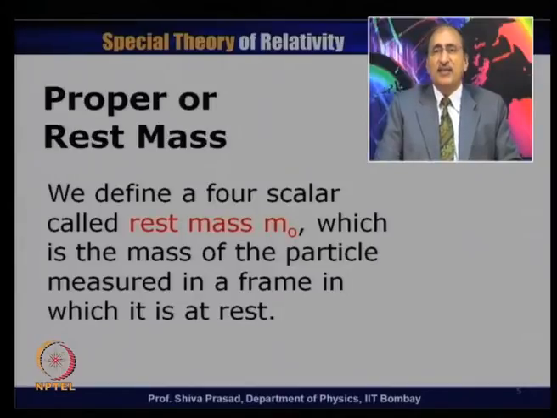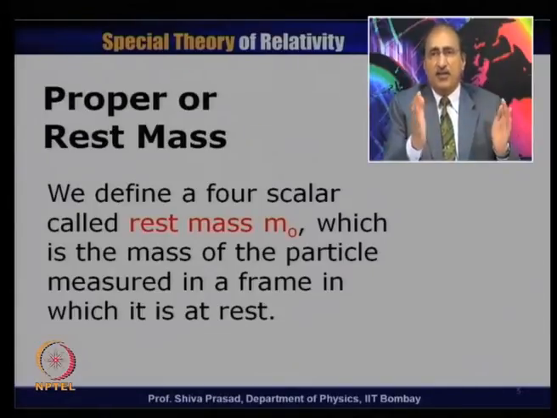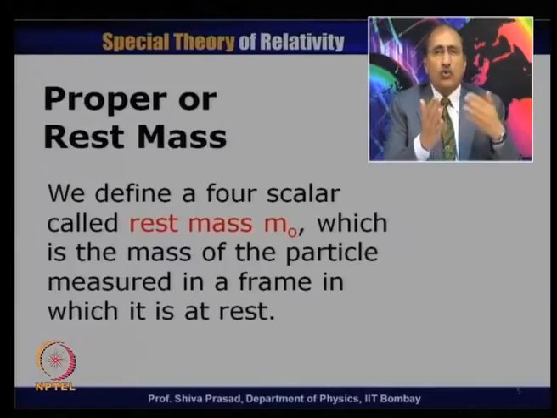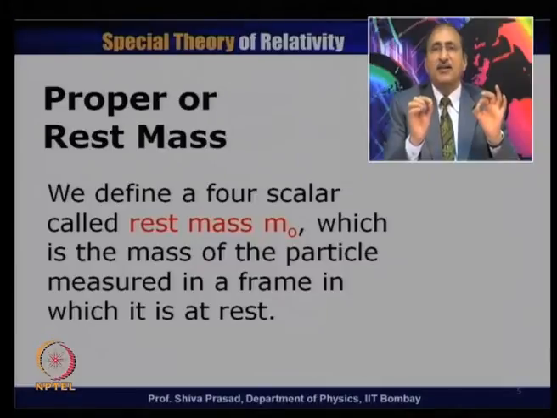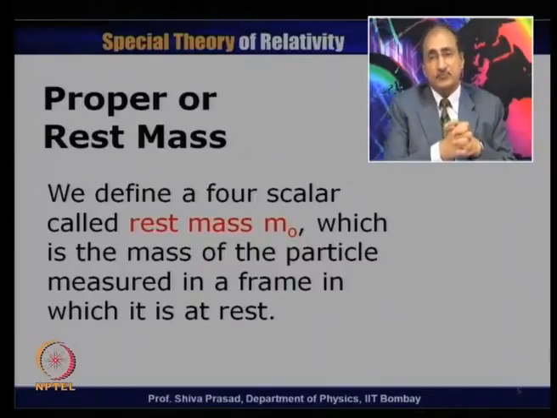That is the reason this is popularly called the rest mass of the particle, and because it is always measured in a frame in which the particle is at rest, this is a 4 scalar. So, even if I go to a different frame of reference, m naught, the rest mass of the particle, does not change.